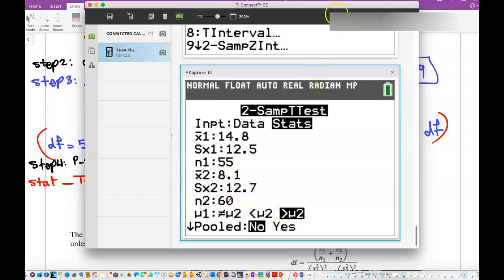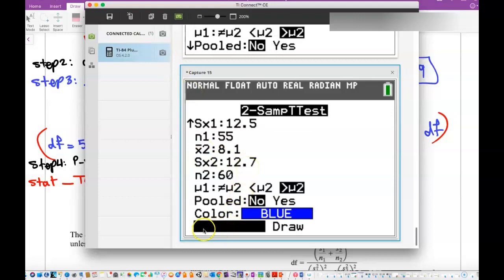And on this part, our alternative was mu1 greater than mu2, so choosing this right tail. And for the pooling, no pooling, so choosing no. Okay, then scroll down. We have this part, calculate, so enter.